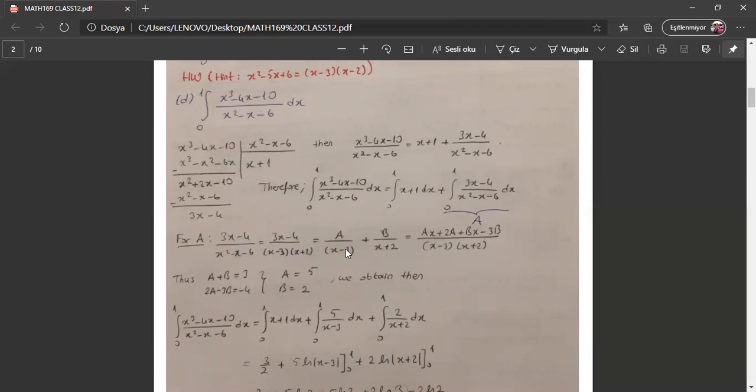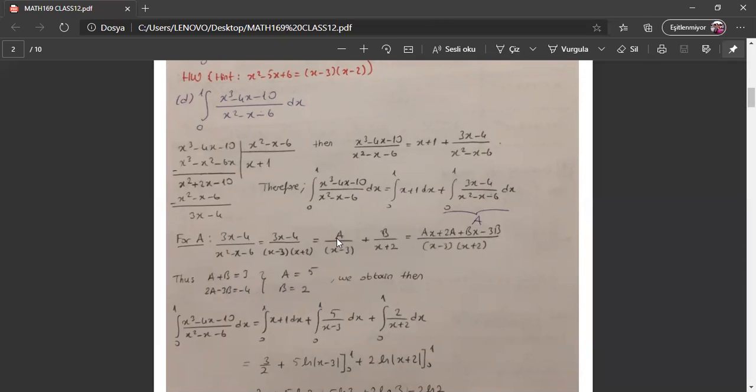Now we rewrite it in this form, and we multiply this one by this one's denominator and that one by this one's denominator and get this. Now we equalize these numerators and get this system, and by solving it, we get these constants.